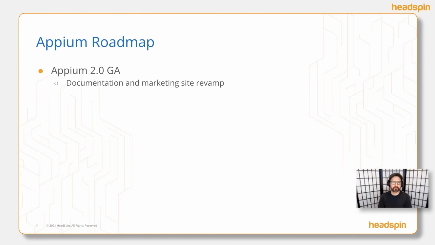And so it's just inaccurate and kind of not following maybe with the current design patterns that people expect with technology sites. And we still need to make some updates to Appium Desktop so that it can launch an Appium 2 server and install drivers and plugins.